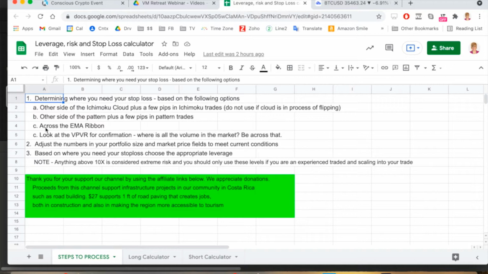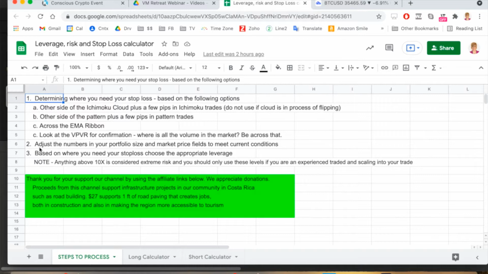You can also put your stop loss across the EMA ribbon. You can also look at the VPVR indicator, the volume profile visible range indicator, for confirmation of where the rest of the market is placing all of their orders and stop losses. That can act as a confirmation of whether or not whichever strategy you chose here is actually a valid strategy. I'm not going to go into these in detail in this video. We have a different video on that, and I'll include the link down below.